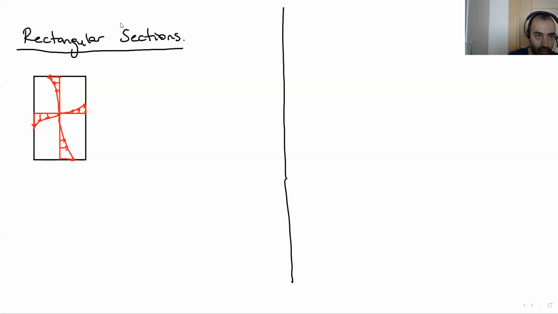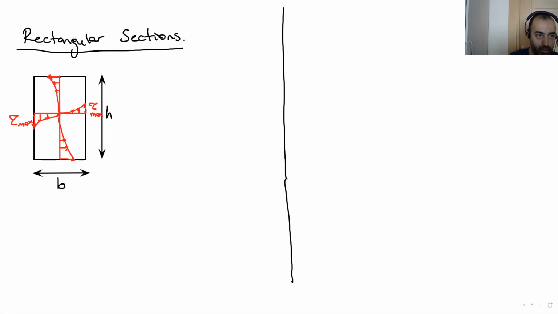So from here to here, this is B, and from here to here, this is H. This is B, this is H. So where is the tau max for a rectangular section? Tau max is here.